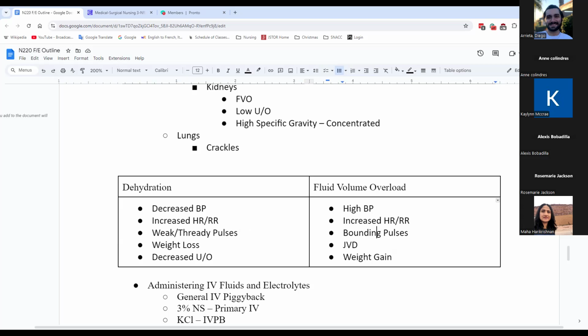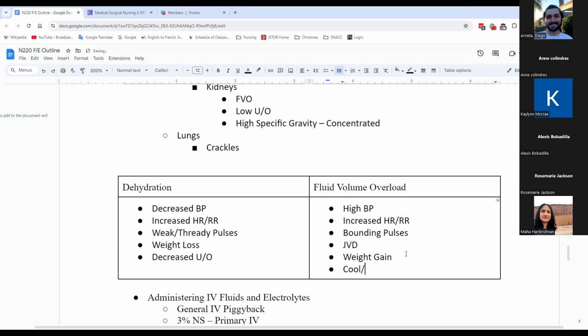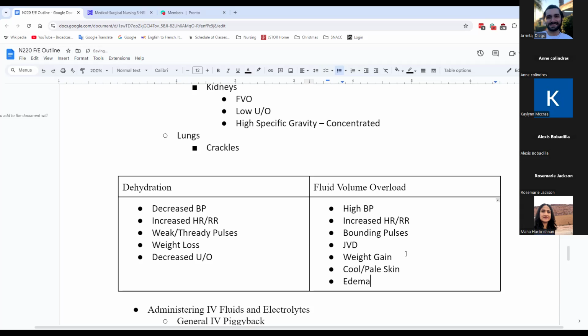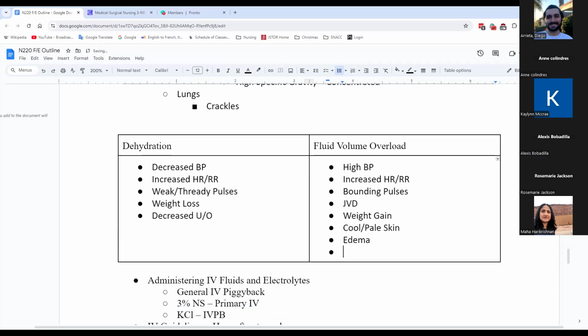All right. Anything else you guys think we can add for dehydration and fluid volume overload? We did cover a lot. Maybe we can put pitting edema or cool pale skin. What else we got? Maybe you can get shortness of breath, crackles in lungs.